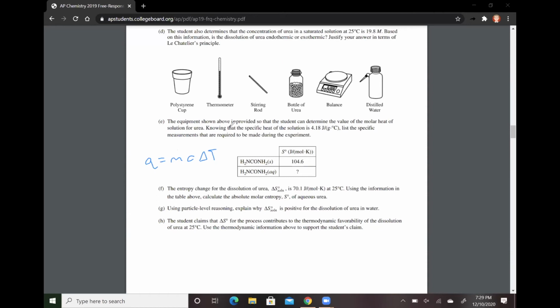And then, of course, you have the initial and final temperature of the water. So those four things are what you need to measure for this experiment. Easy enough. You just have to remember your calorimetry.